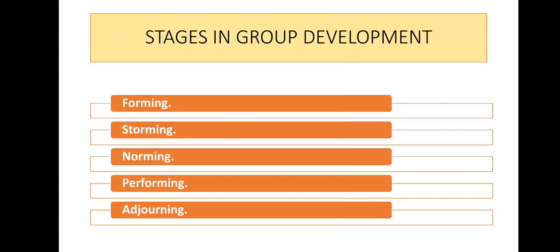In the previous session, we discussed the reasons why people join a group. Whatever type of group it is, all these stages will be the steps of group development. Totally, we have 5 stages: forming, storming, norming, performing, and adjourning.